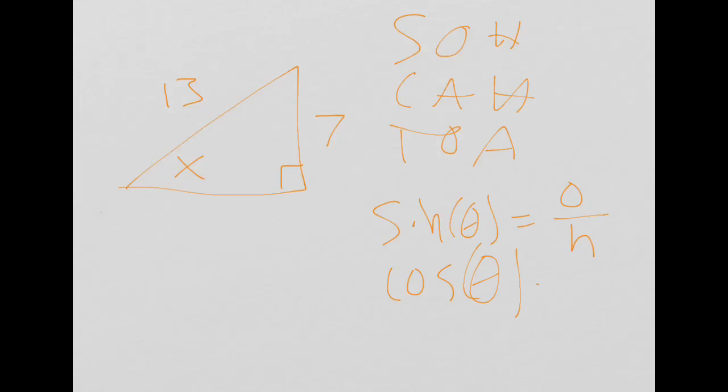Cosine of an angle equals the adjacent side to that angle divided by the hypotenuse. And the tangent of an angle equals the opposite side divided by the adjacent side.